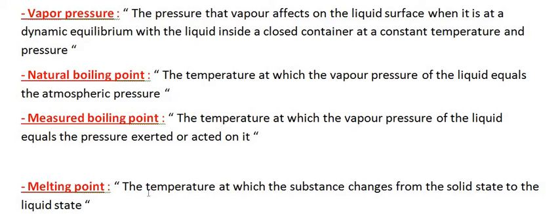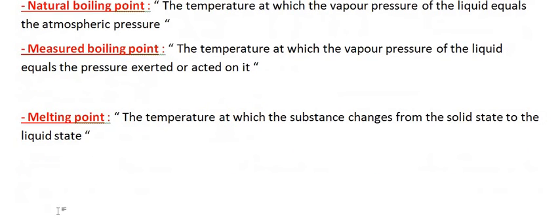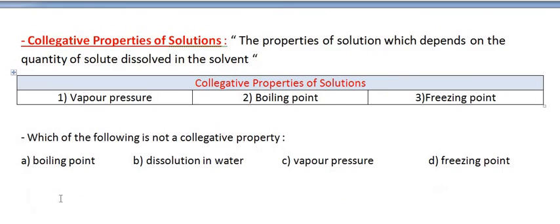What about melting point? It is the temperature at which the substance changes from the solid state to the liquid state. When you dissolve a solute in any liquid, the vapor pressure of this solvent changes.